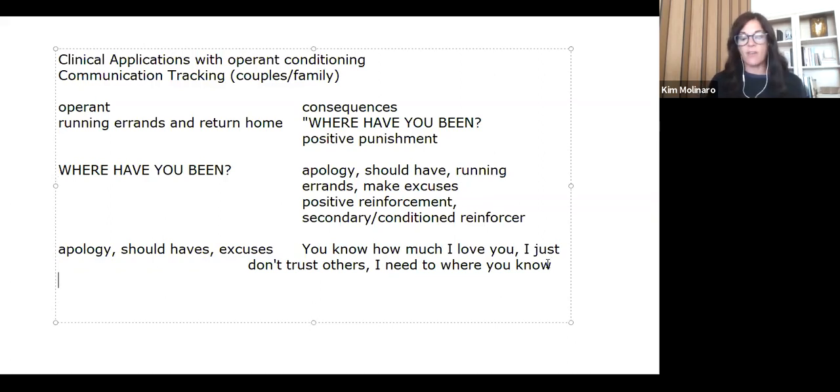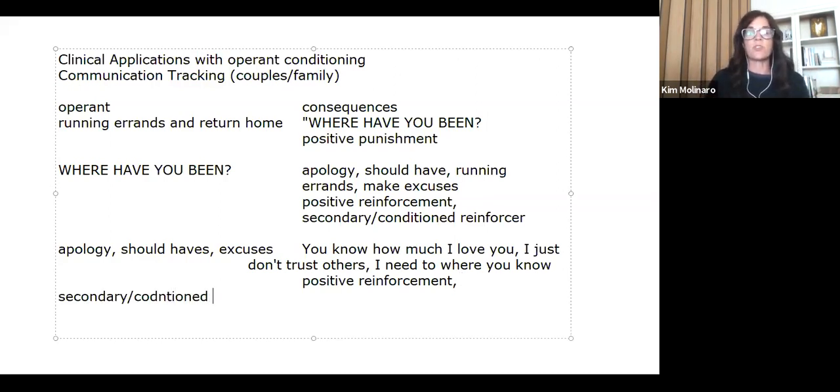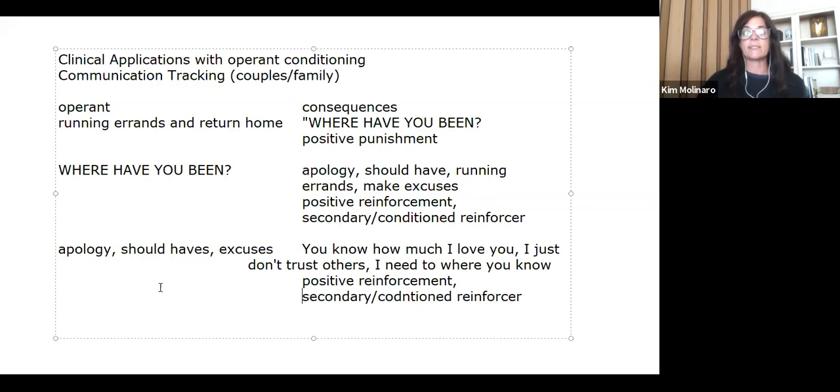All of that stuff, oftentimes that also serves as positive reinforcement because they're giving the client those affirmations. And if our client is very pleasing, those affirmations mean something as a secondary conditioned reinforcer. So again, that is reinforcing the chance that our client will apologize again instead of challenging that controlling behavior.